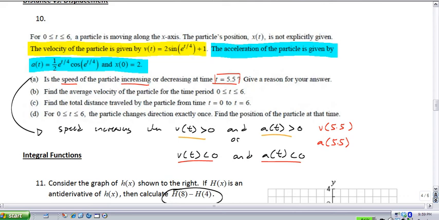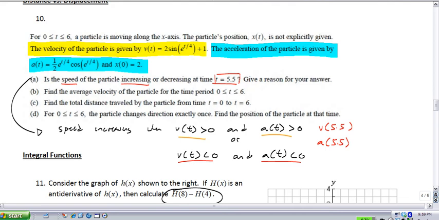So 2 times sine of e raised to the t divided by 4, plus 1. And then acceleration: 1/2 times e to the t over 4, times cosine of e to the t over 4.